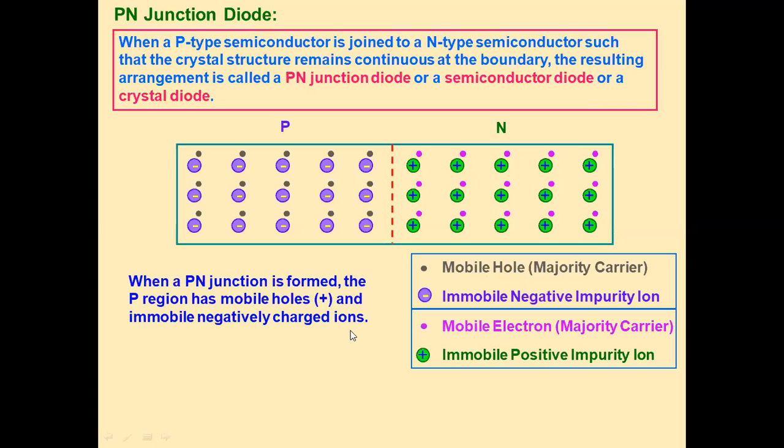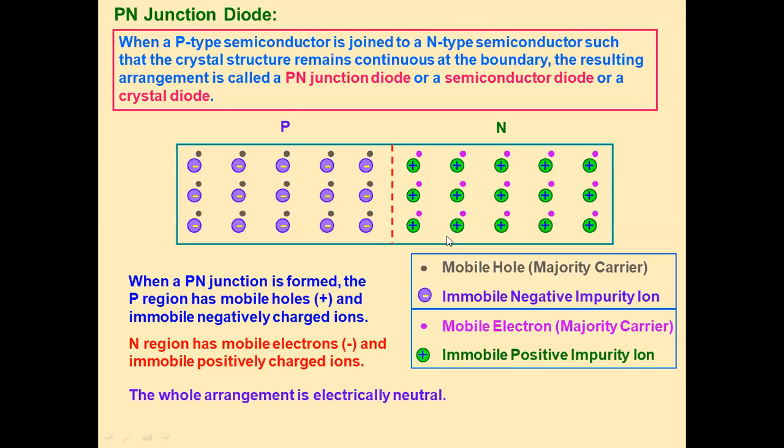When PN junction is formed, the P region has majority carriers holes, and the minority carriers electrons. Similarly, in the N region, electrons are the majority carriers and holes are the minority carriers. And when this junction is formed, this junction is electrically neutral.